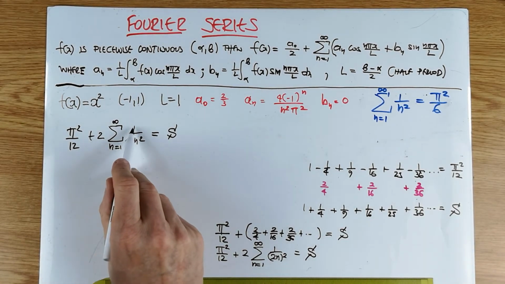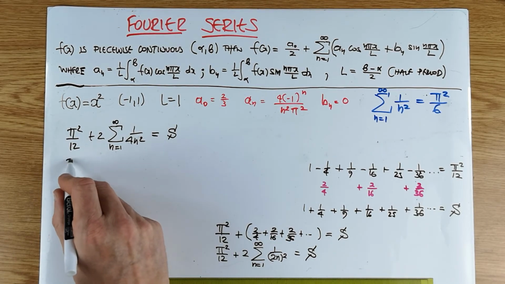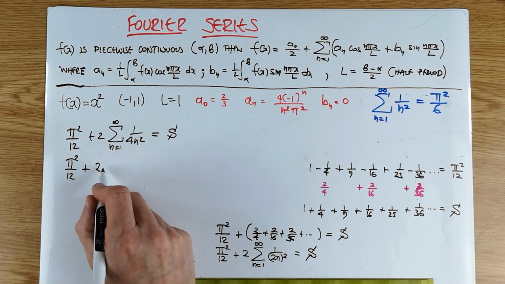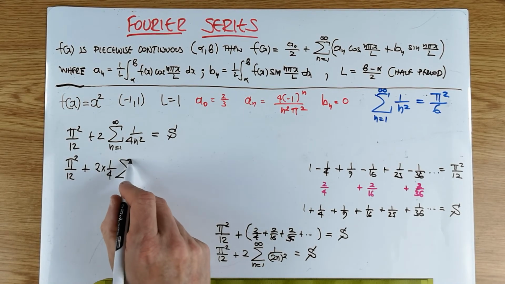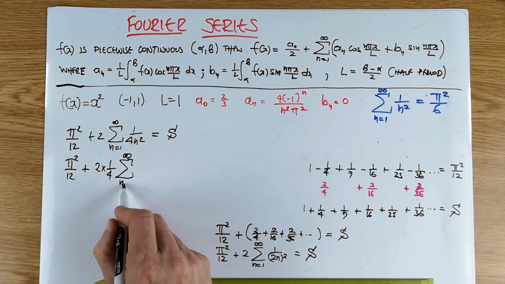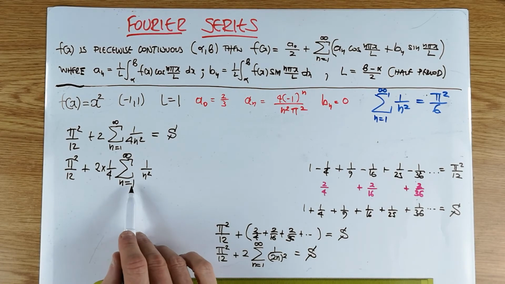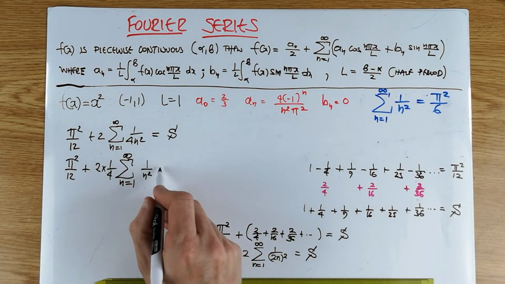But I've noticed I've got a quarter, which I can factorize outside the sigma. And not only that, that's not the interesting thing. The interesting thing is what this sum has now become: the sum of 1 over n squared from n equals 1, 2, 3, which is, of course, what I'm after.